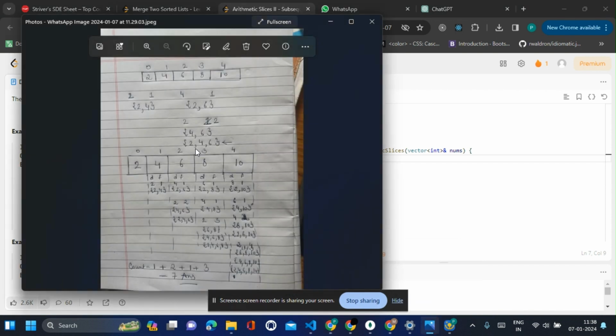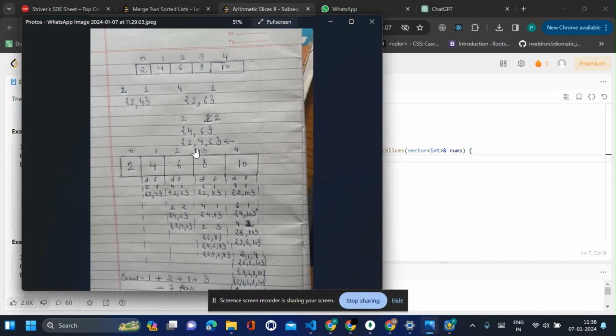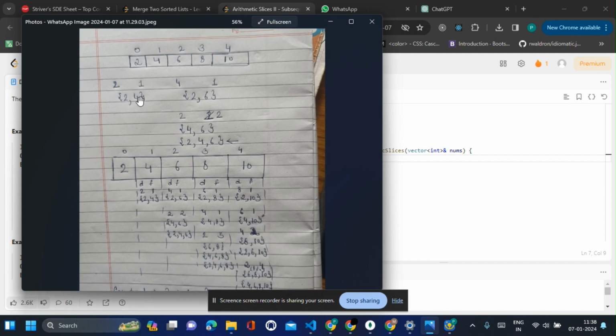So I have prepared something to show you. Now this is our given array. These are our indexes. First of all, i and j are both at this index, so i equals 0 and j equals 0.